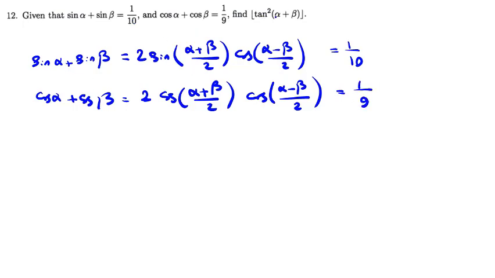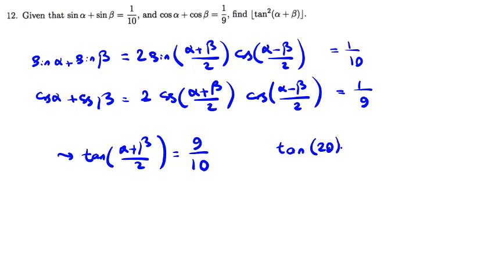So we want to find tangent of alpha plus beta. If we divide these two terms, then we will have tangent of alpha plus beta over 2 will be 9 over 10. We know a formula about tangent: tangent 2 theta is 2 tangent theta over 1 minus tangent squared theta.